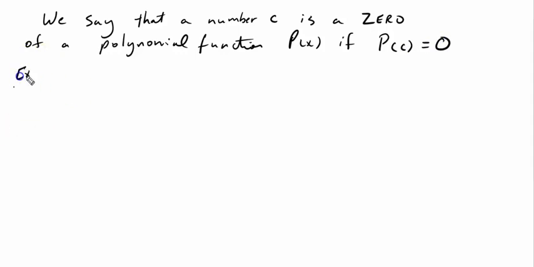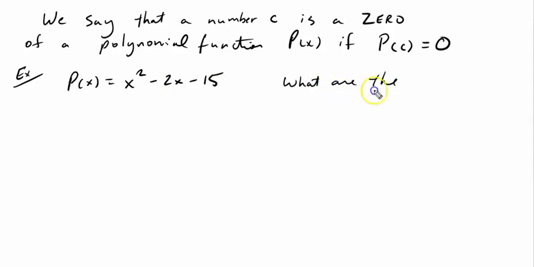So example, let's let P of x be x squared minus 2x minus 15. And you get asked, what are the zeros, if any?